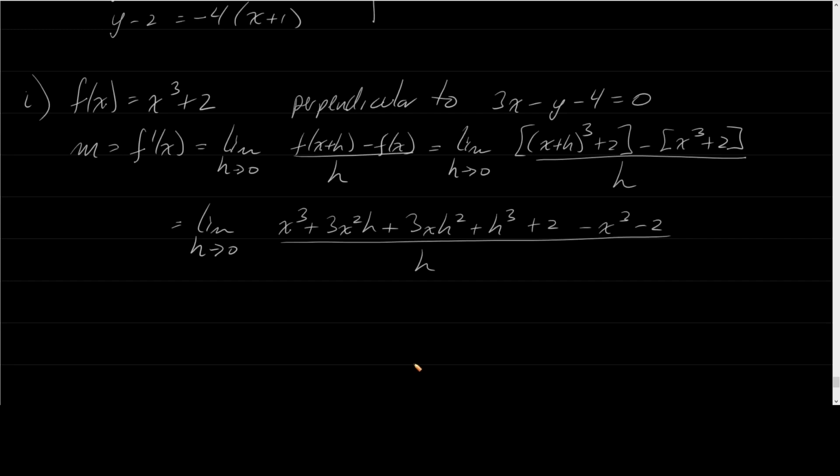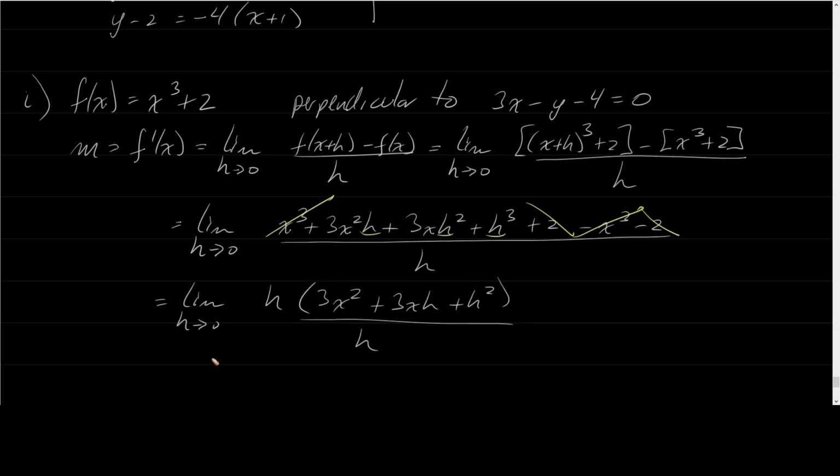A bunch of stuff cancels out here. X cubed minus x cubed goes away. 2 minus 2 goes away. And everything that's left still has an h. So we can factor out that h from the numerator, and we're left with 3x squared plus 3xh plus h squared, all of this over h.